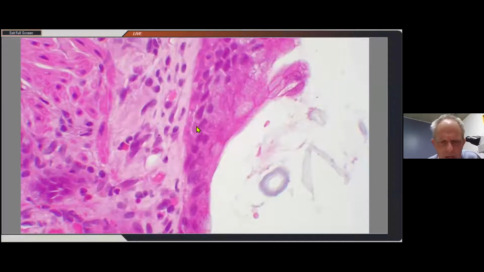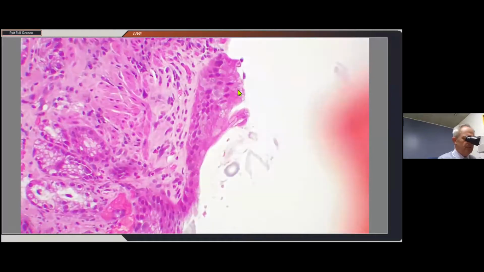You've all heard of the prickle cell layer in the skin, which is a typical feature of squamous epithelium. There you can see the prickles, which confirms that this is squamous epithelium. So this is typical multi-layered epithelium, with squamous epithelium at the base and the columnar mucosa at the surface. And that almost confirms the fact that we are dealing with Barrett's esophagus.